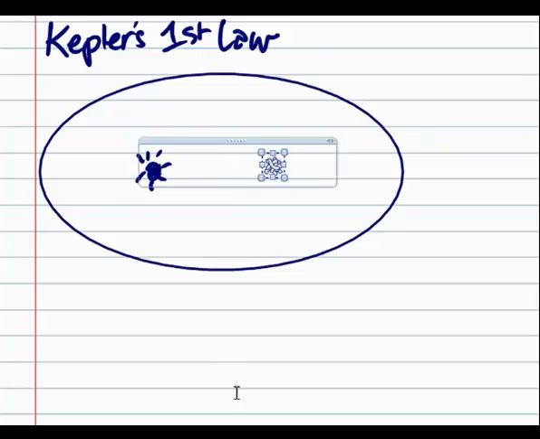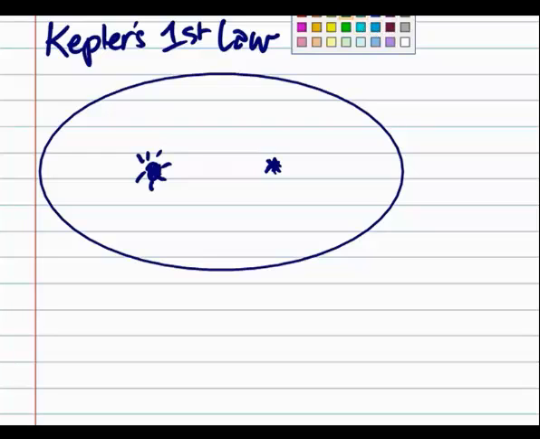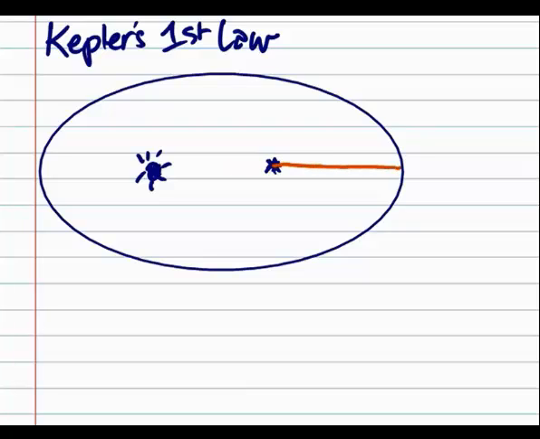Now what we're going to do is have that reappear because it helps us understand what ellipses are all about. So let me change colors here so we can take a look at some of the essential features of an ellipse. First of all, if we go all the way across here from one edge through both foci, this is a focus here and this is a focus here, then we have what's called the major axis.